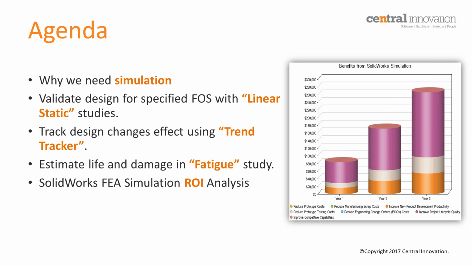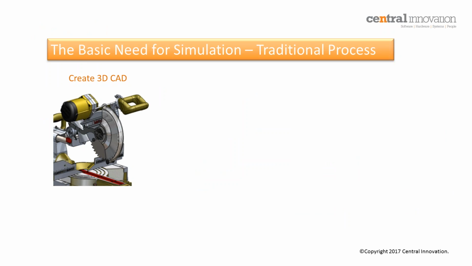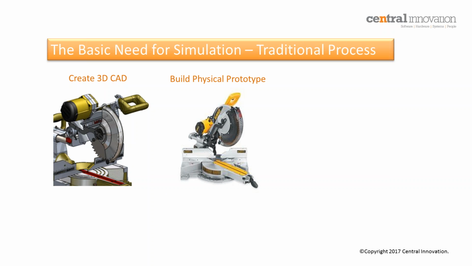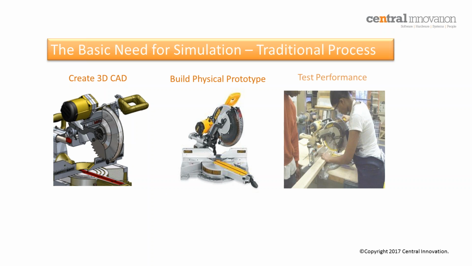Alrighty. Now let's start with why simulation. If you have a look at the traditional procedure of design and validation, it starts with creating any 3D CAD model, either a single part or an assembly, building the physical prototype, and after that, in practice, we test the performance.